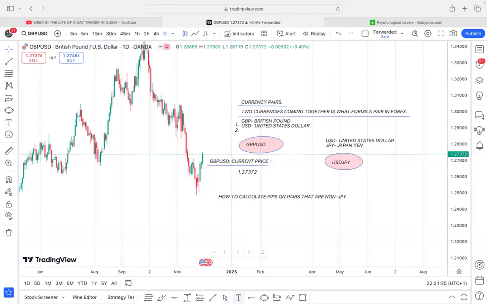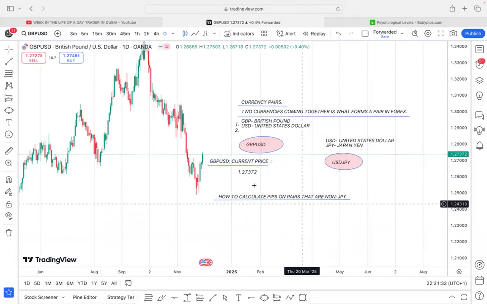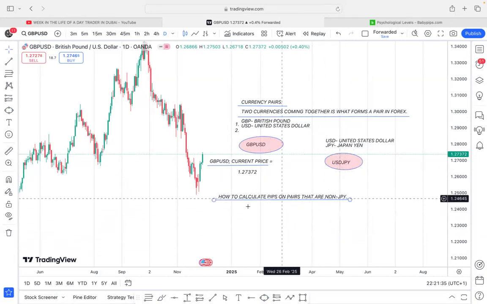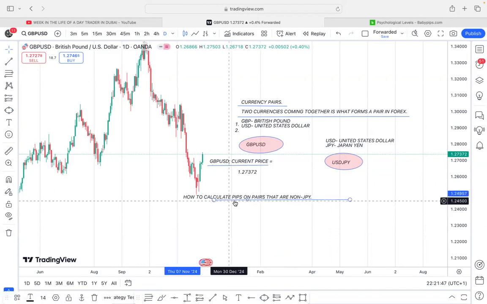Do you get me? Because there's a particular way we calculate pips that are only correlated with the JPY, the Japanese yen. There's a particular way to calculate pips for the US dollar yen, and a particular way for the other pairs.